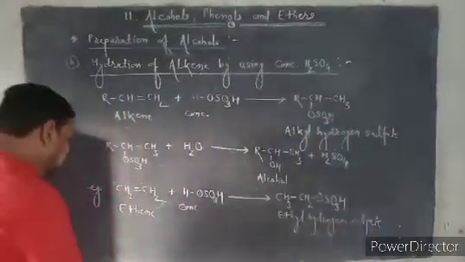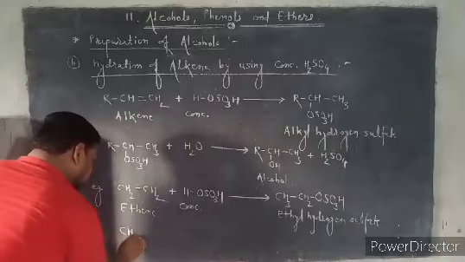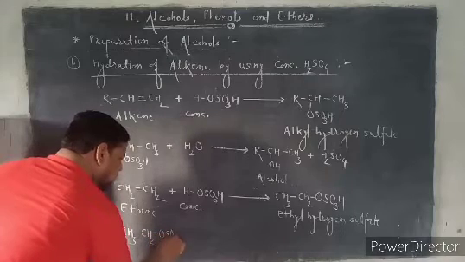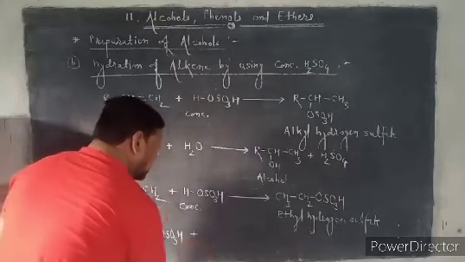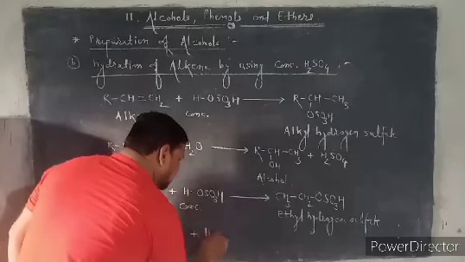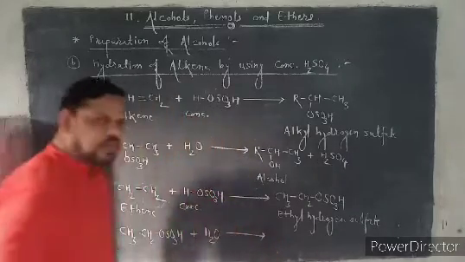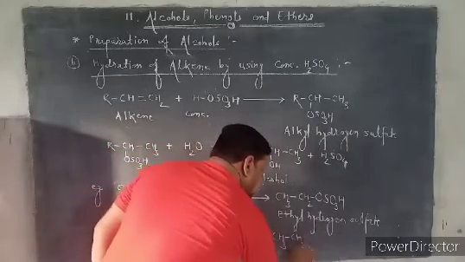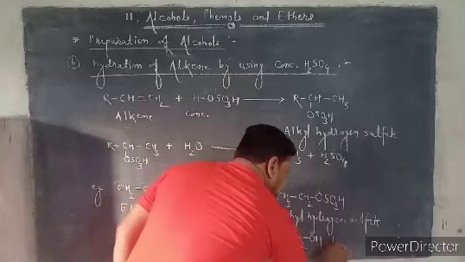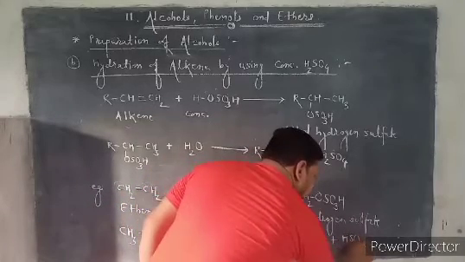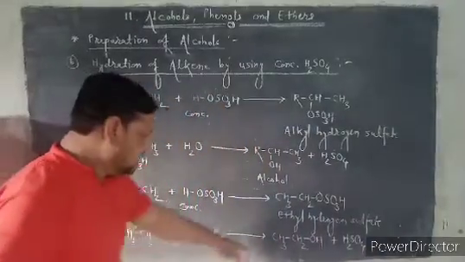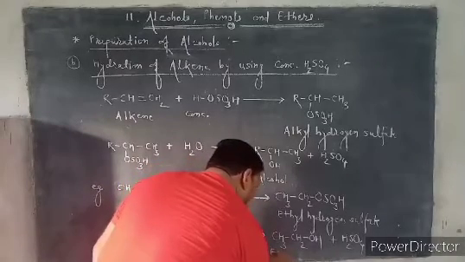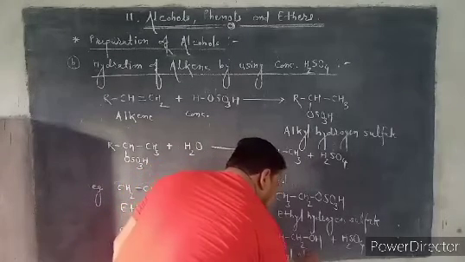Then ethyl hydrogen sulfate is treated with water. Then it gives CH3CH2OH and H2SO4. This CH3CH2OH is ethyl alcohol.